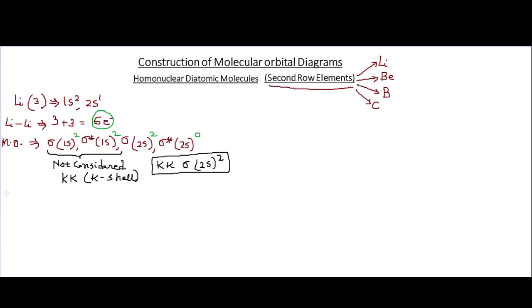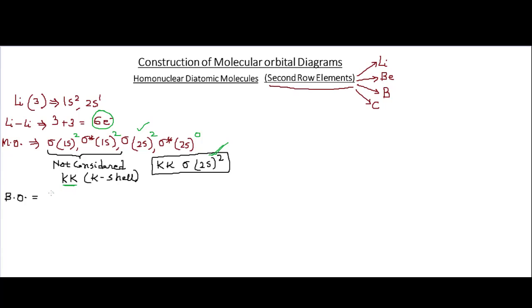Now if we want to calculate the bond order, we can calculate it from this molecular orbital electronic configuration. Bond order is the number of electrons in the bonding molecular orbitals minus those in the anti-bonding, divided by 2. While counting electrons for bond order, we do not use the innermost ones.